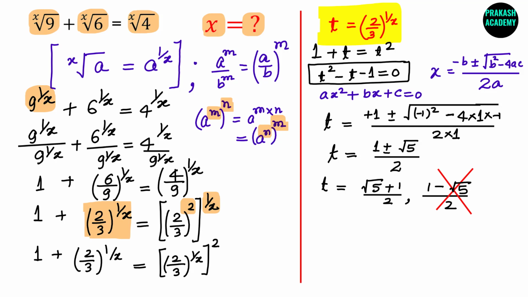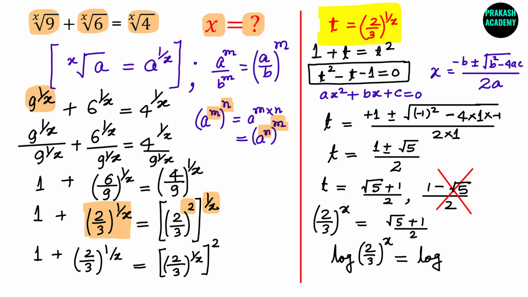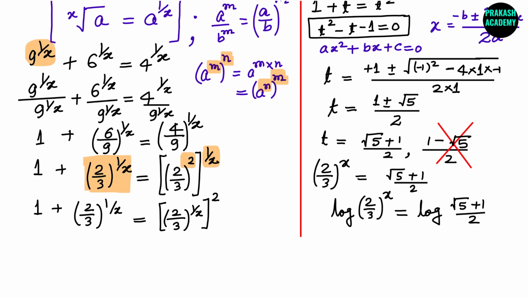So t is equal to 2 by 3 raised to the power 1 by x, and this equals root 5 plus 1 by 2. Now this can easily be solved by taking log. If you take log on both sides, this will be log of 2 by 3 raised to the power 1 by x equals log of root 5 plus 1 by 2. Now use the rule of log.